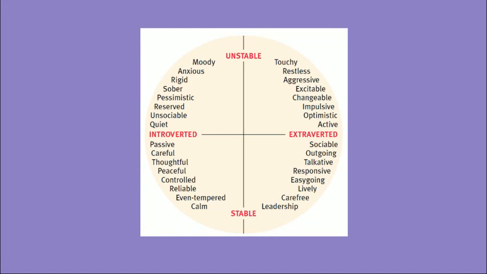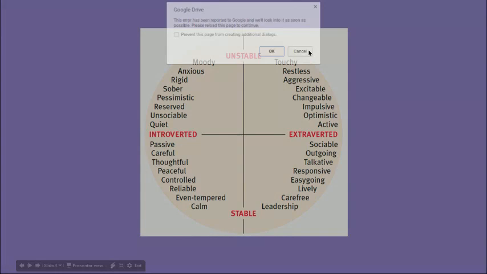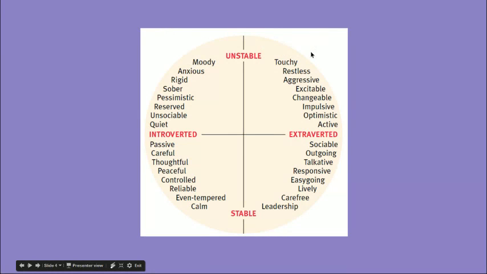So this is what it looks like. You've got unstable and stable at the top and bottom, and then from side to side, you've got the introverted and the extroverted traits. And we all sort of fall somewhere in between on the scale. So as you can see, an unstable introverted person could be anywhere between being very quiet all the way up through moody and all these other different traits.